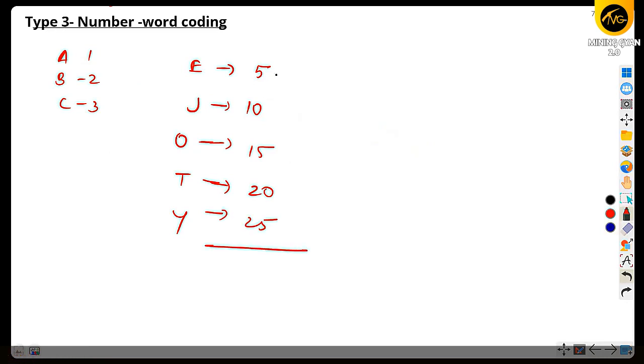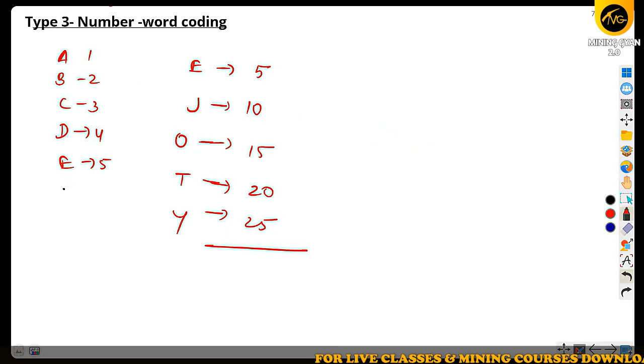Okay, if you already know the number for E, then you can easily memorize the numbers for the remaining alphabets. E is 5, so A, B, C, D is 4 and E is 5.